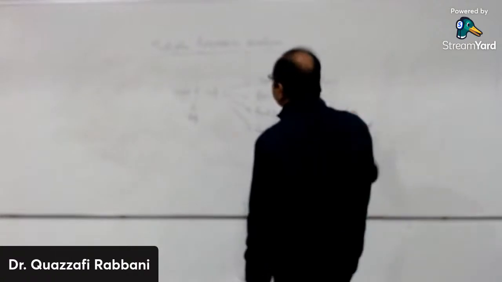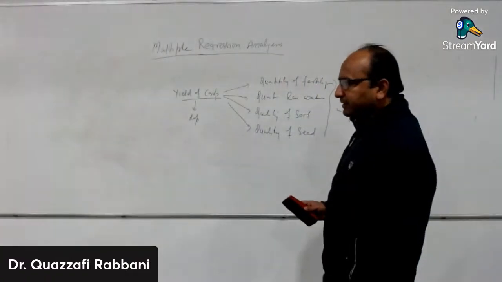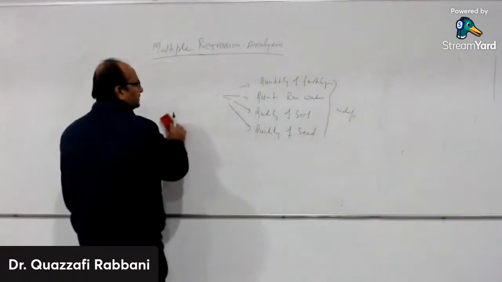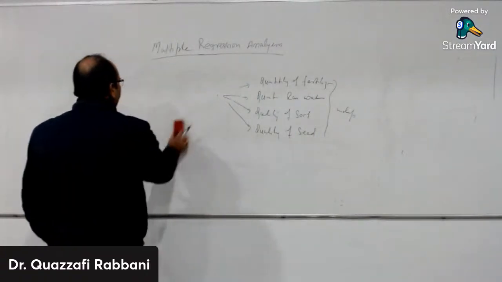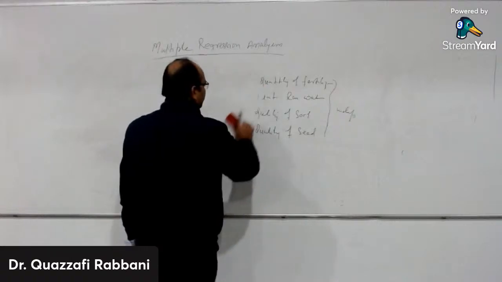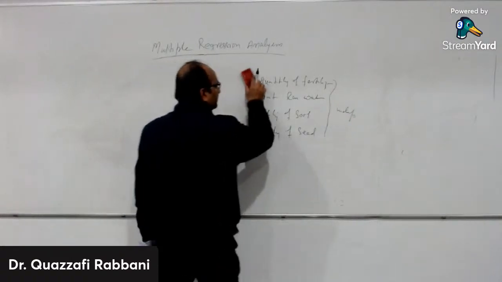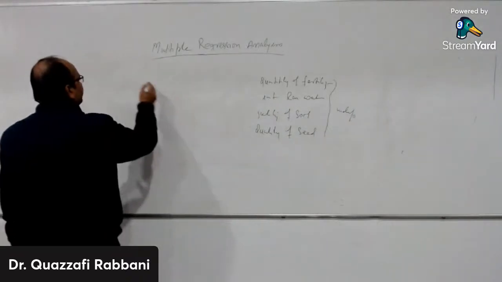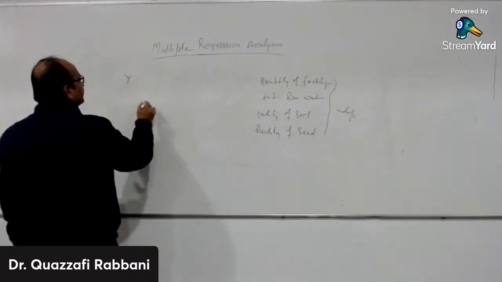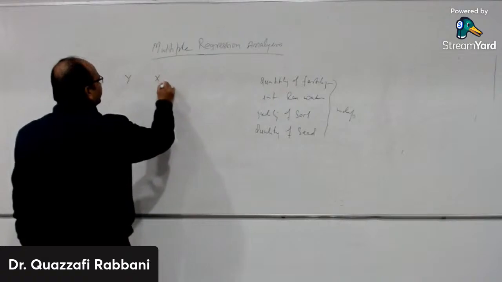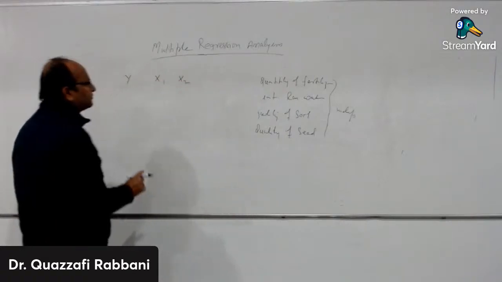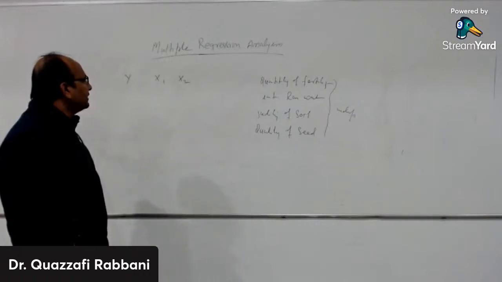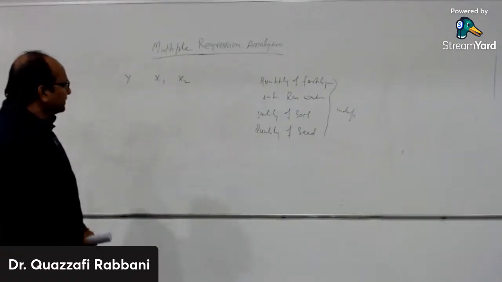So in that case, what will be the multiple correlation and multiple regression? Suppose dependent variable is y and independent variables x1 and x2. We are considering only three variables. One is the dependent variable and the other two are independent variables.